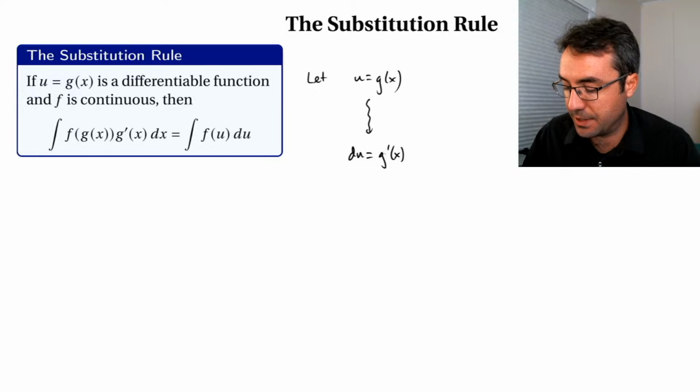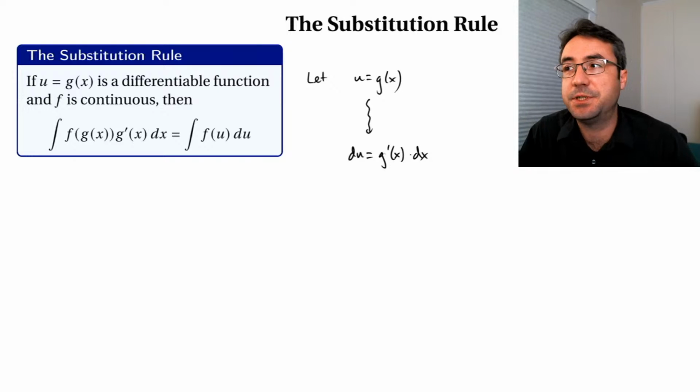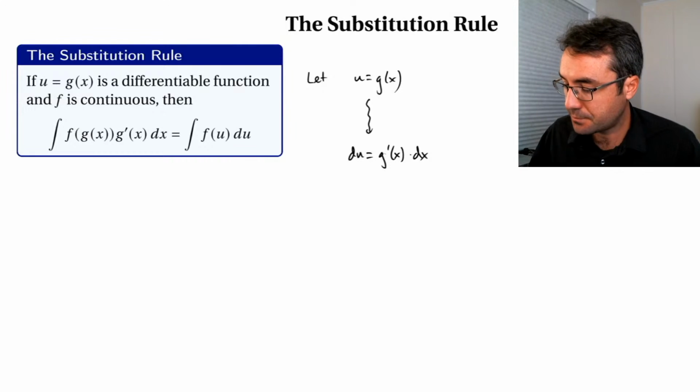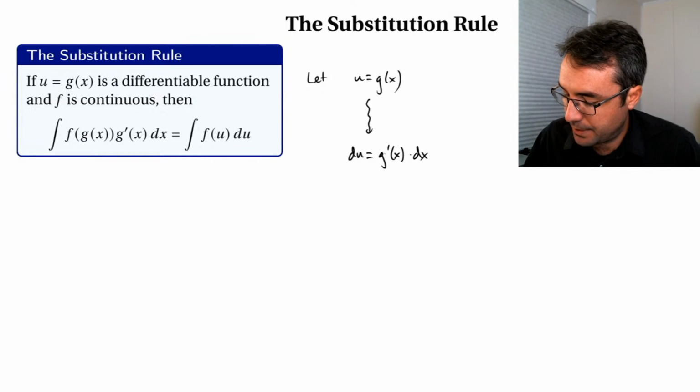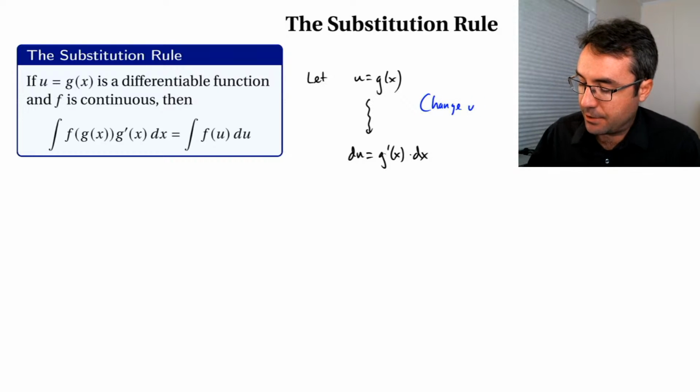And this is our differential. And do it how we just explained. So du is equal to the derivative of g times dx. Again, dx we can think of just like a variable, two letters in its name. And so ultimately what we're going to do here is change the variables in our integral.